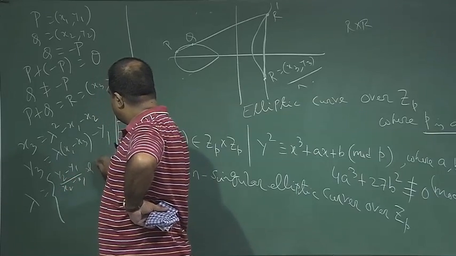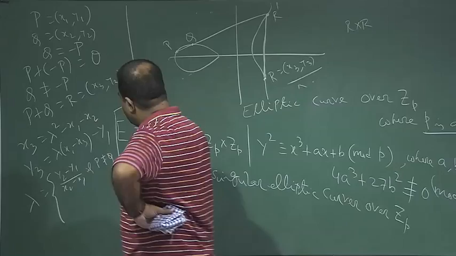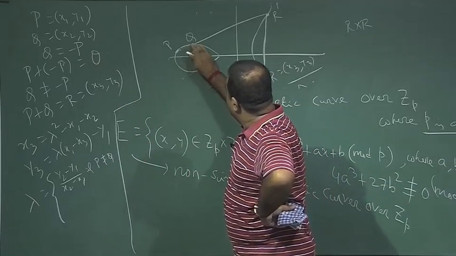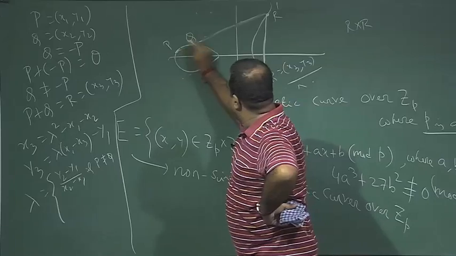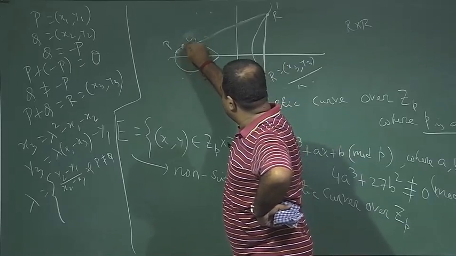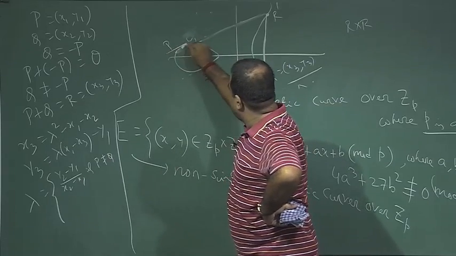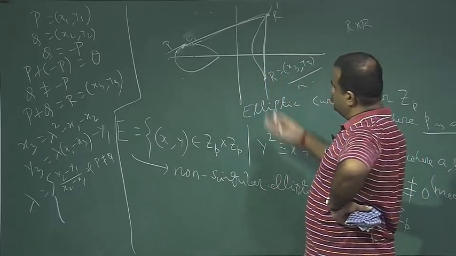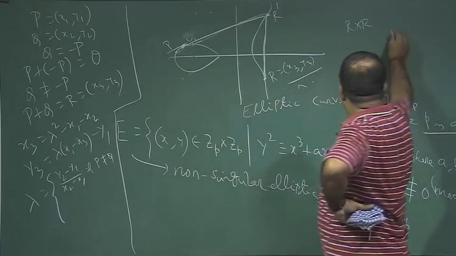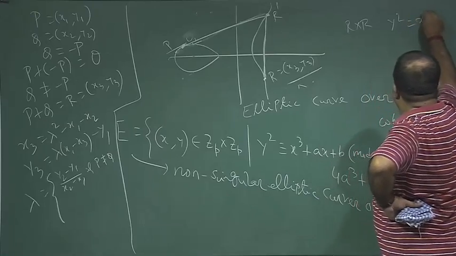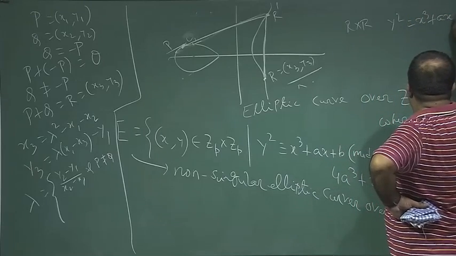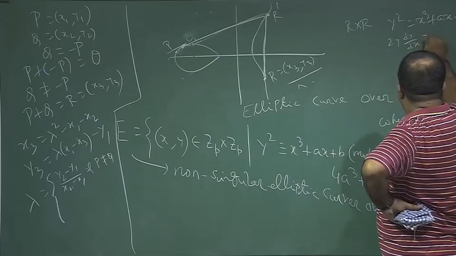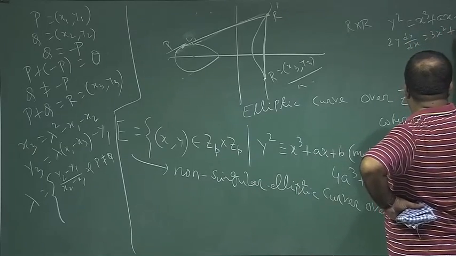If P is equal to Q, they are the same point, and this will be a tangent at that point, and in that case we need to take the derivative of the equation y squared equals x cubed plus ax plus b. So 2y dy/dx equals 3x squared plus a.